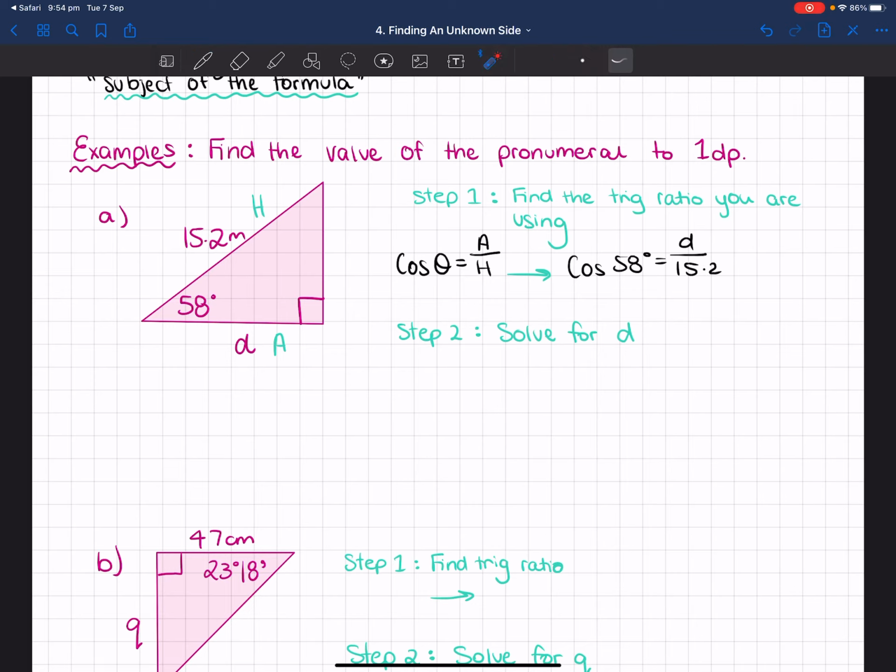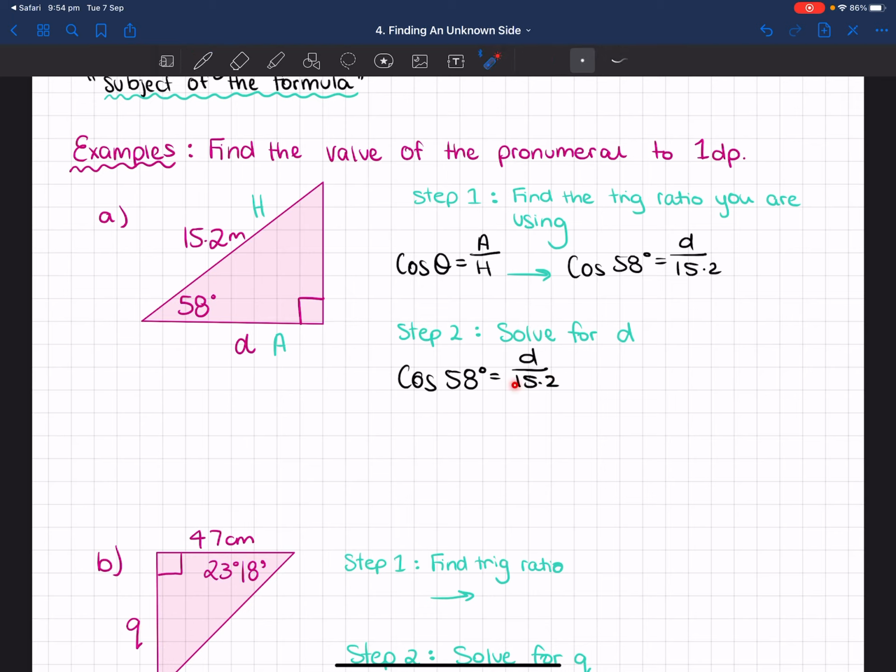This is basically the formula we're now going to work with, where we need to find the side length d. So we're going to solve this like a normal equation for the length d. We've got cos of 58 degrees is equal to d over 15.2.